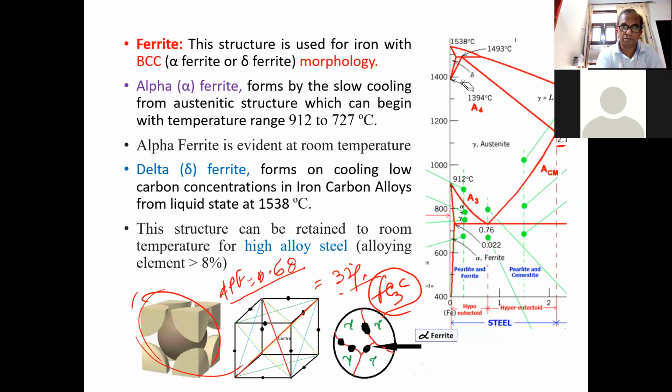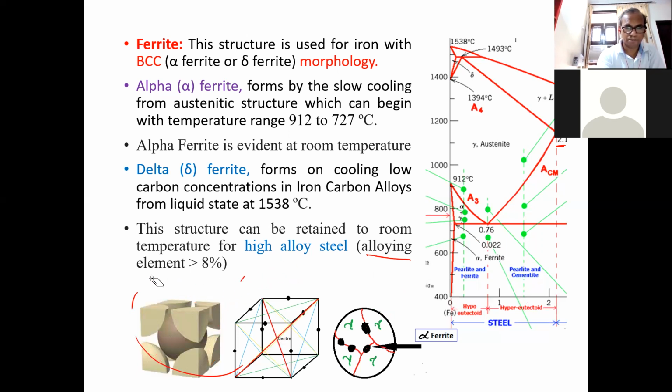In the case of delta ferrite, we can have it at room temperature, but only when the iron has more than 8% alloying elements. Those alloying elements may be chromium, vanadium, manganese and so on.